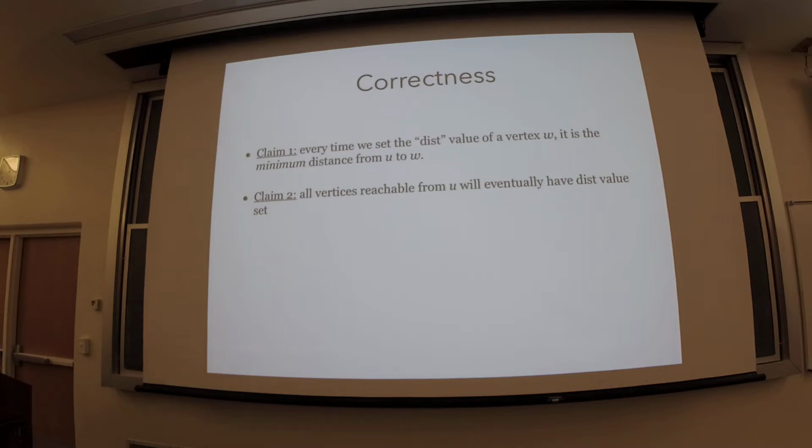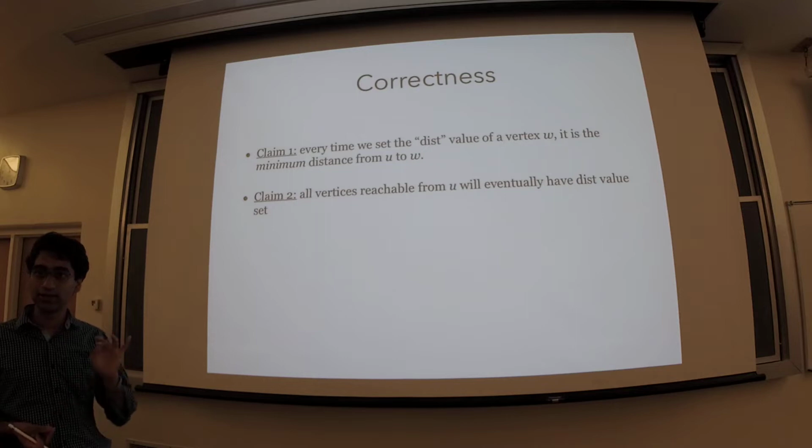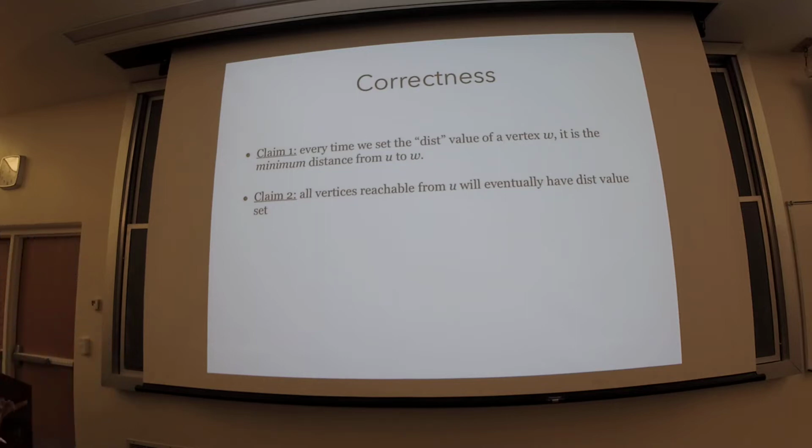The first thing is, we have to claim that in this process, every time we set the distance value, it is actually the true distance. So that's the correctness. The second thing is what he asked, which is that all vertices reachable from u will eventually have their distance value set. So these are the two natural things that you've got to prove about this algorithm.